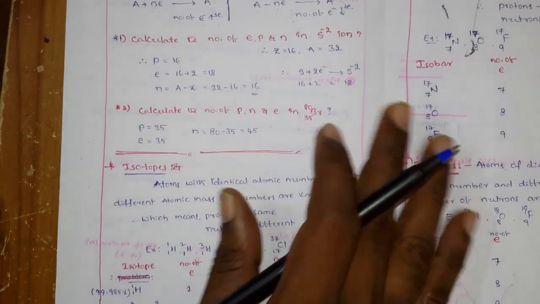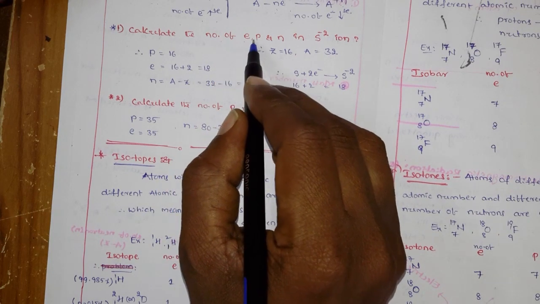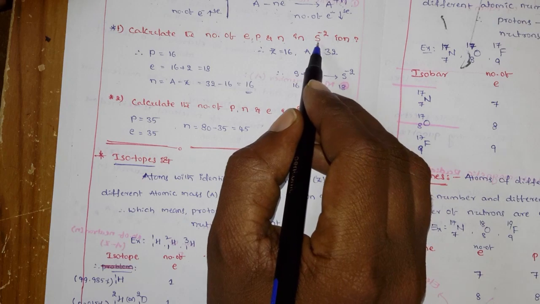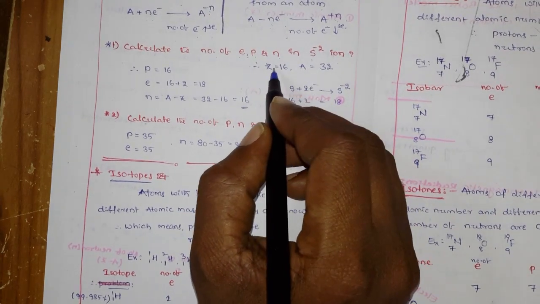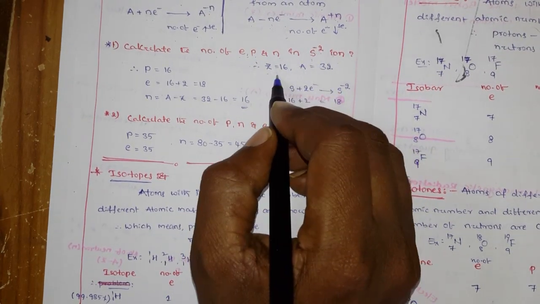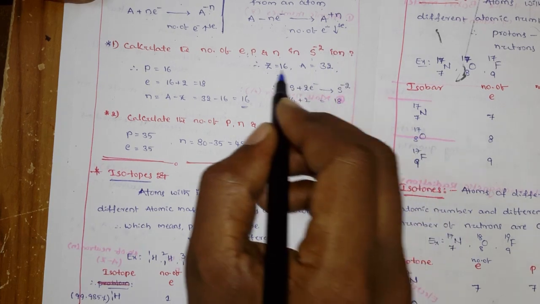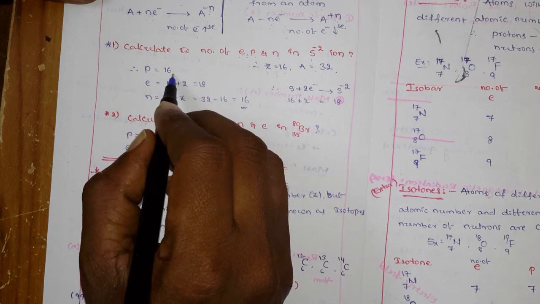I am telling this because whenever someone asks you to calculate the number of electrons, protons and neutrons in the S minus sulfur -2 ion, what will you do? You know that the atomic number of sulfur is 16 and the mass number is 32. So Z is equal to 16, which means the number of protons is obviously 16.